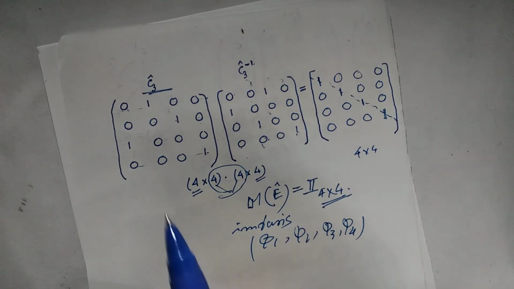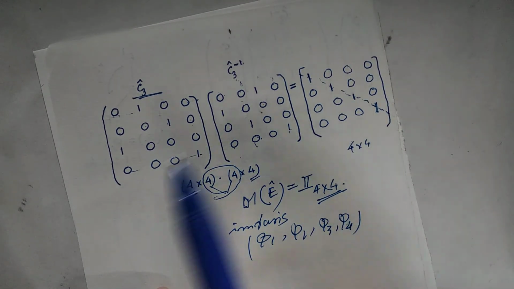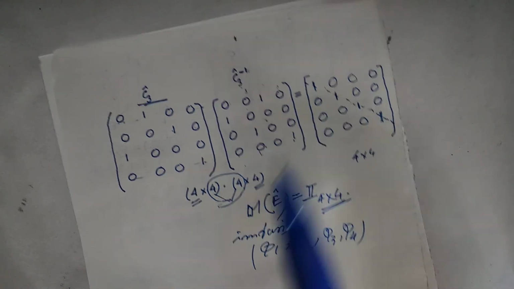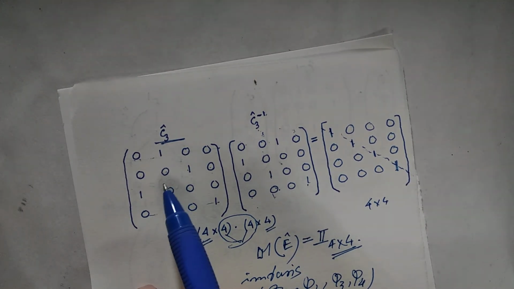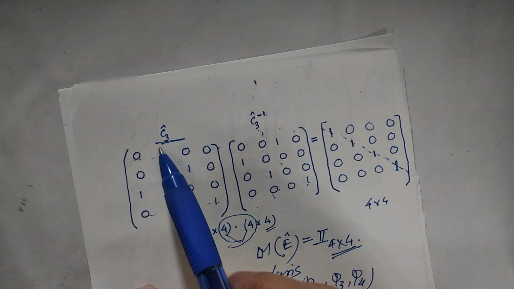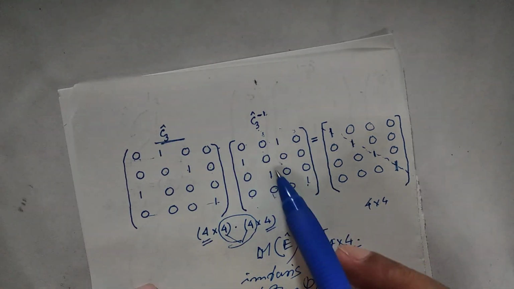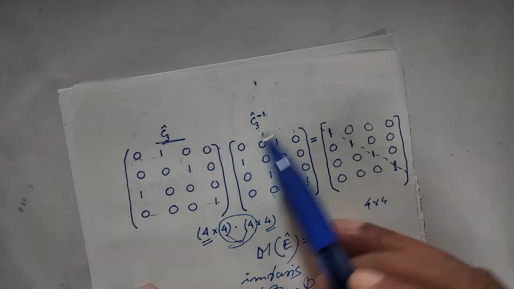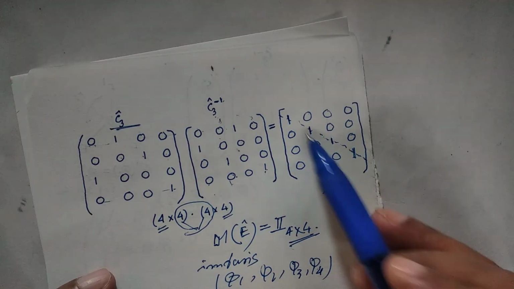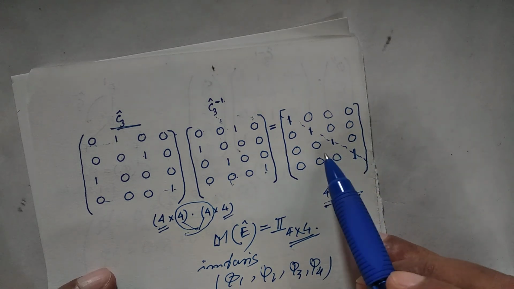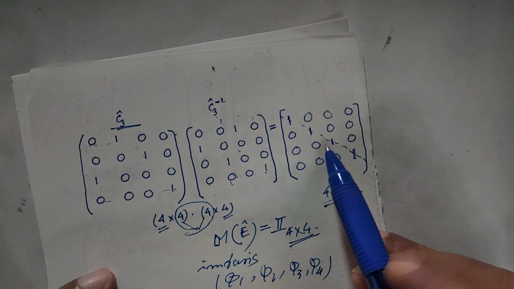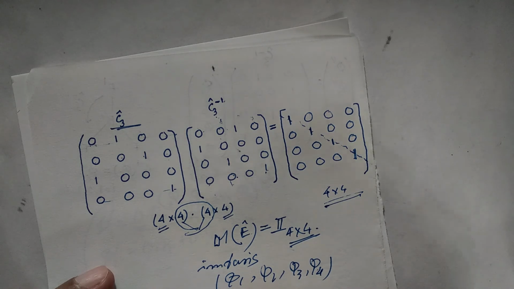We say that all these matrices are 4-dimensional representations of the concerned operators. This is a 4-dimensional representation of C3 operator. This is a 4-dimensional representation of this inverse operator, and this unit matrix of size 4 by 4 is a 4-dimensional representation of the identity operator.